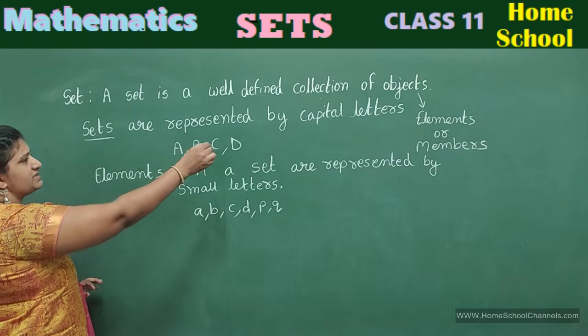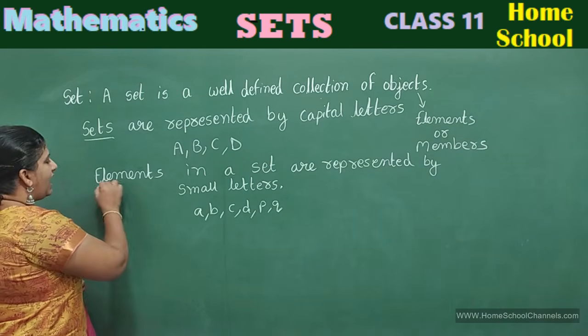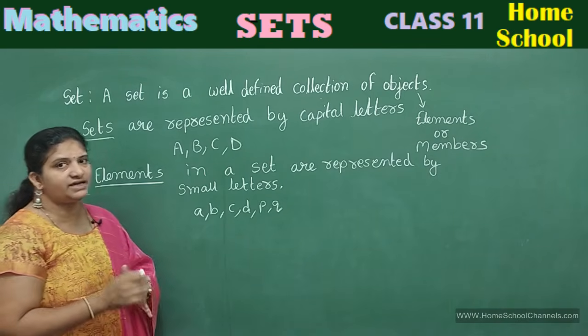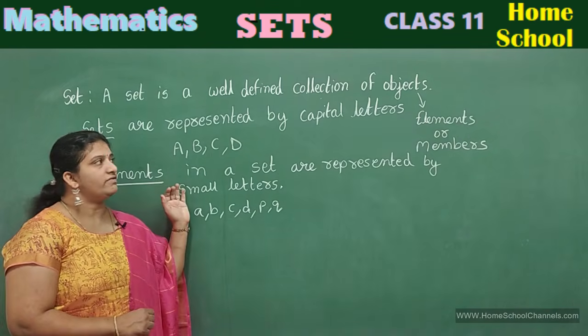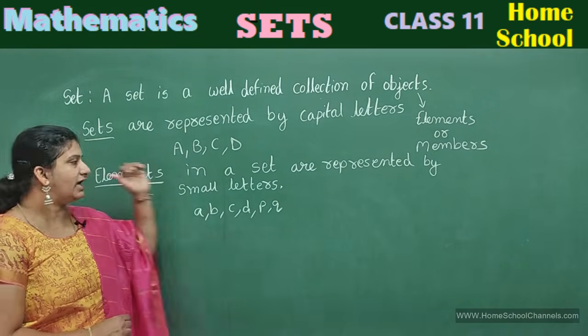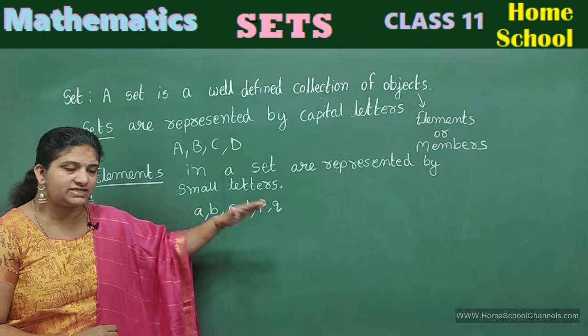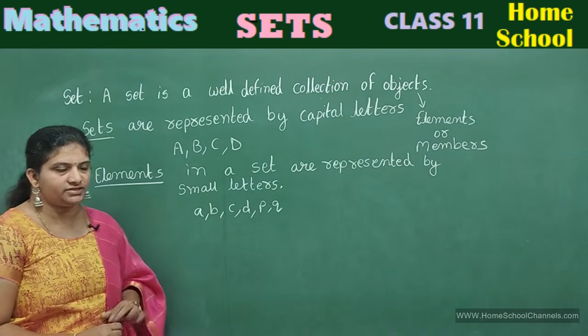Always sets are represented by capital letters and elements inside the set are represented by small letters.